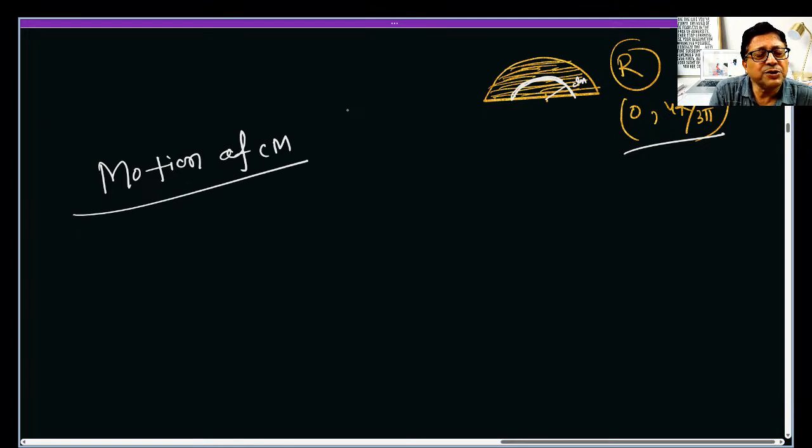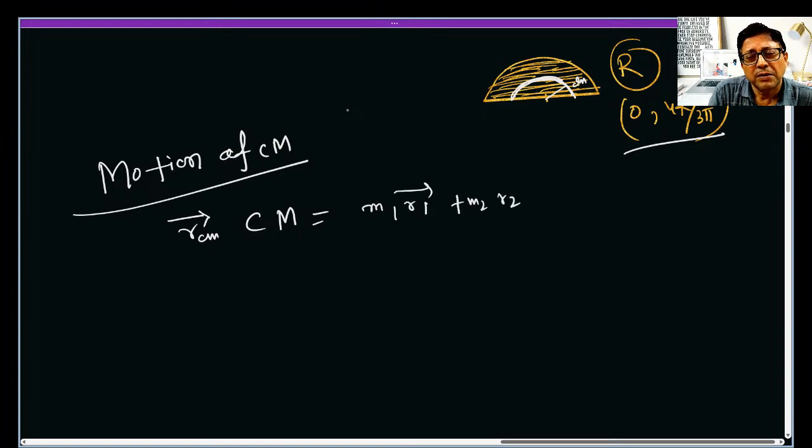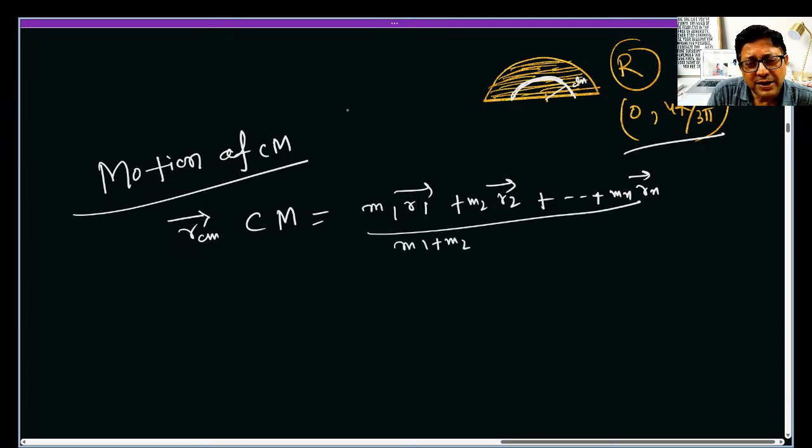We start with this expression that R cm vector equals m1 r1 plus m2 r2 plus mn rn by m1 plus m2 plus mn. Okay, this is R cm, I mean position of cm.